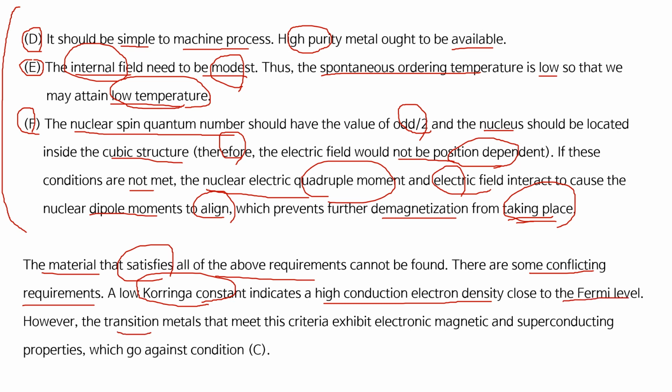However, the transition metals that meet this criterion exhibit electronic magnetic and superconducting properties, which goes against the superconductor condition. So it's very hard to find the refrigerant that satisfies all the above requirements, and some of them are conflicting requirements.